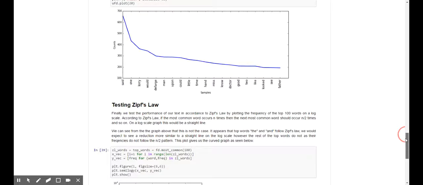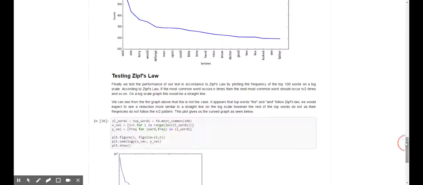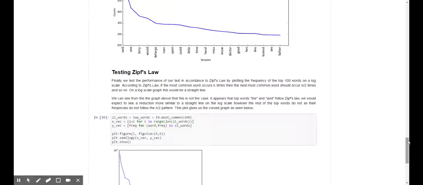And finally, we try to see if Zipf's law holds good for this text in terms of the frequency of the words. According to Zipf's law, if the most common word occurs n times, then the next common word should occur half of that, or n by two times.